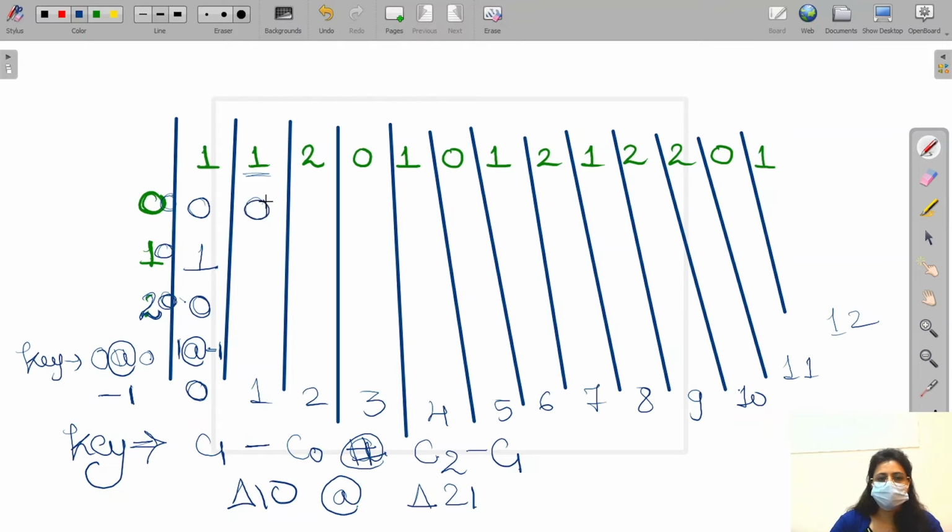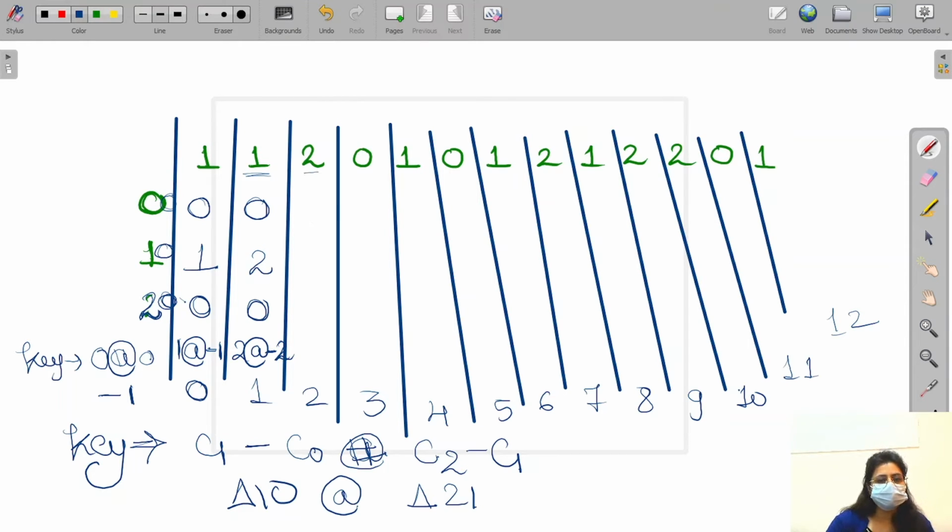Count of 0 is 0, count of 1 is now 2, count of 2 is 0. Our key would be 2 minus 0 is 2 at the rate 0 minus 2 is minus 2. Let's move ahead.